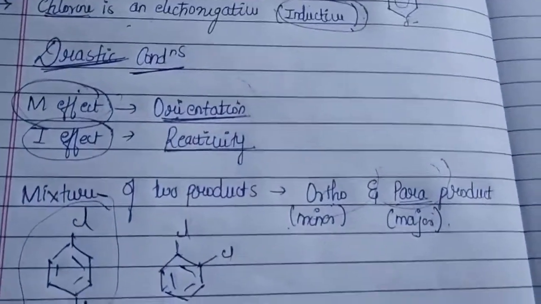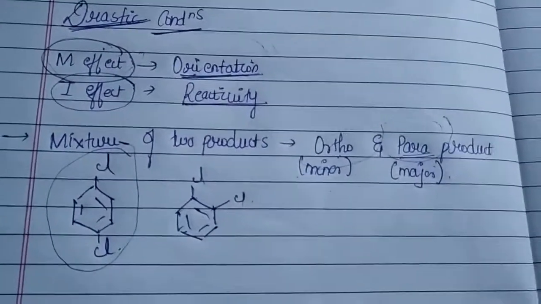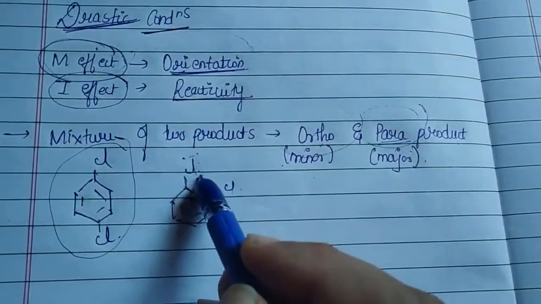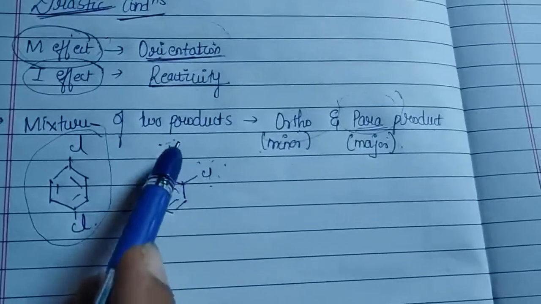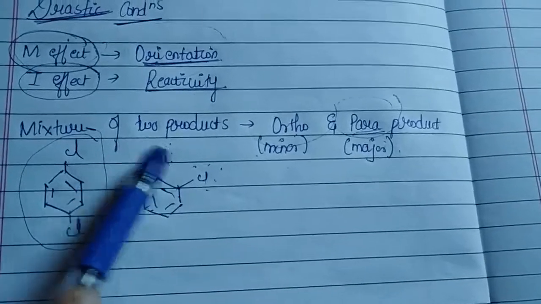And one more important thing: when we talk about electron density, of course there are electrons here, there are electrons here. In the ortho position there is a chance of a lot of electron repulsion, since they are very close to each other.